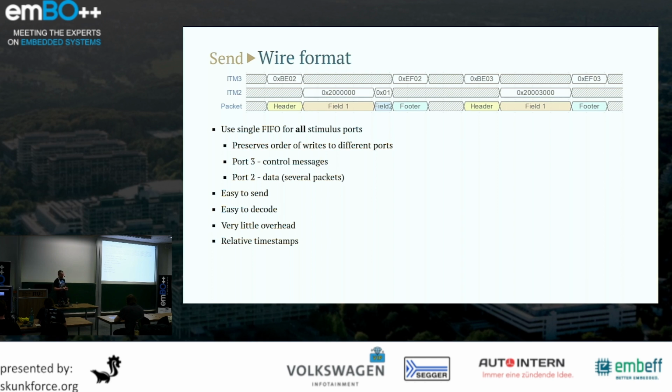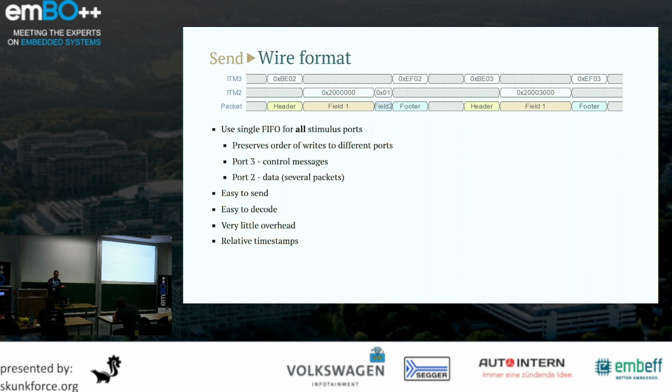It's very easy to send. We are not using any kind of stuffing encoding to recover packets on the other side. Just writes to the ITM registers. It's easy to decode and detect any problems. The overhead is actually only these two 16-bit packets of data with start and stop.